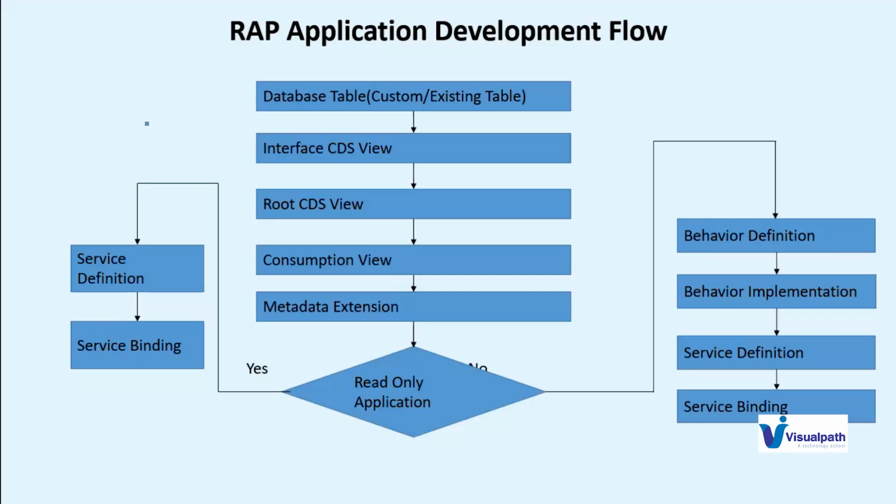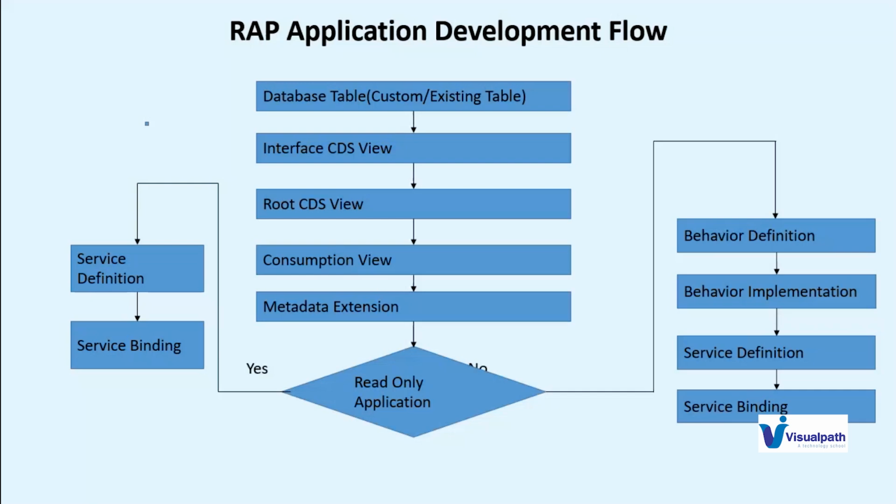Then comes the root CDS view. Let's say we have a sales order app. Whenever we open VA01, we can see there are multiple tabs, right? Sales tab, item tab, shipping, scheduling. To build those kinds of things, we have to create one root CDS view. Let's take one example: we are going to create a sales order app in which we want to display sales order header data and item data.